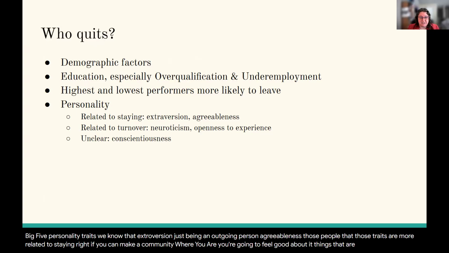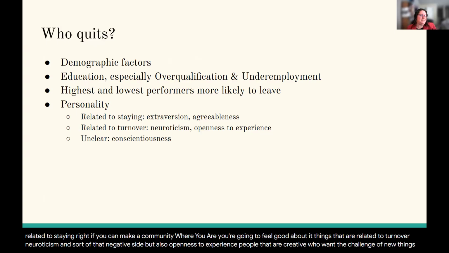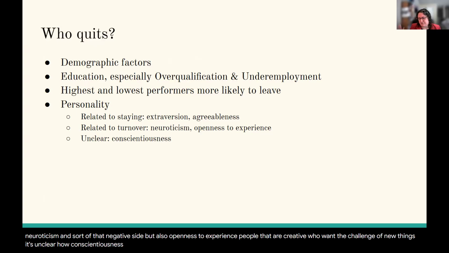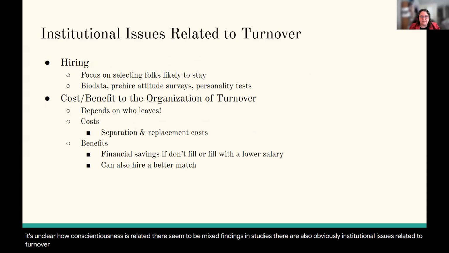Things that are related to turnover are neuroticism, and sort of that negative side, but also openness to experience, people that are creative, who want the challenge of new things. It's unclear how conscientiousness is related. There seem to be mixed findings in studies. There are also obviously institutional issues related to turnover. Hiring is a big part of this. You want to focus on selecting people you feel like are going to stay.